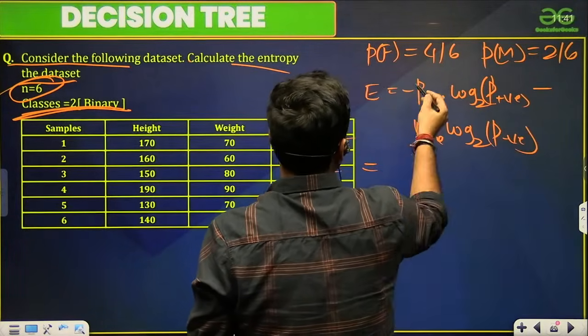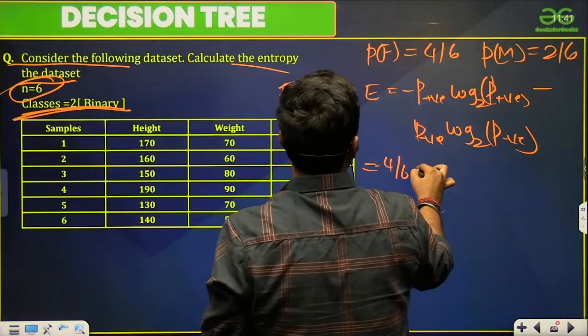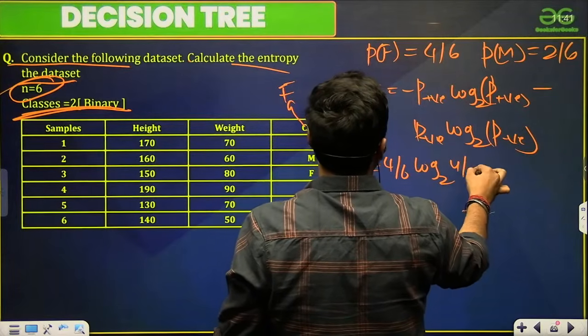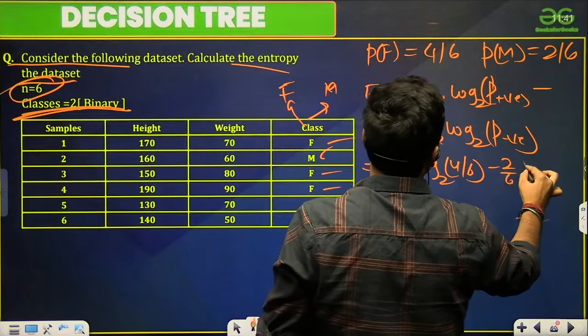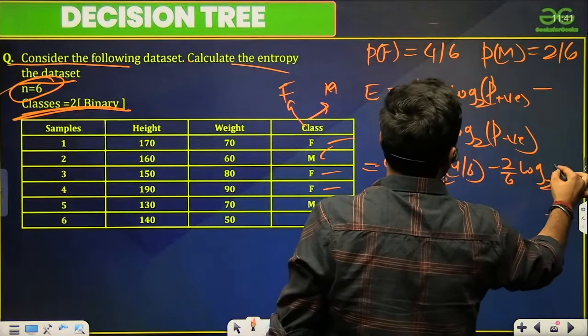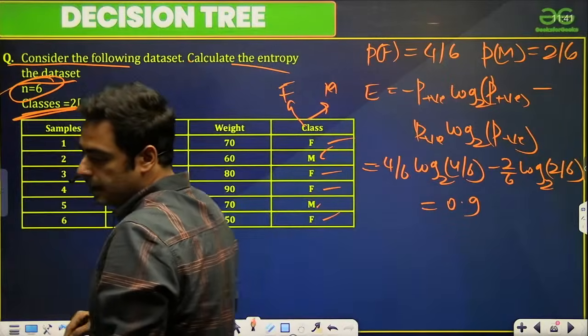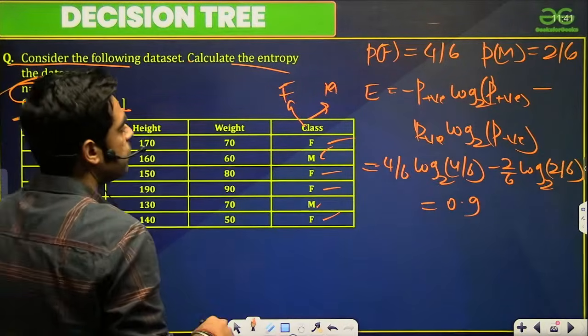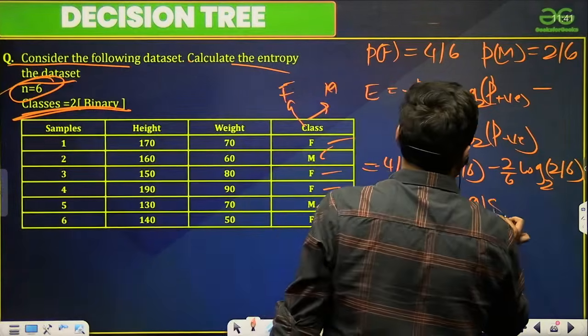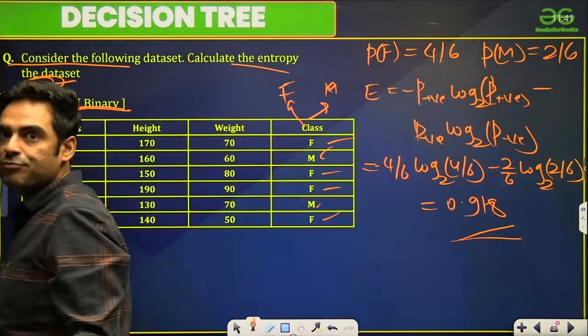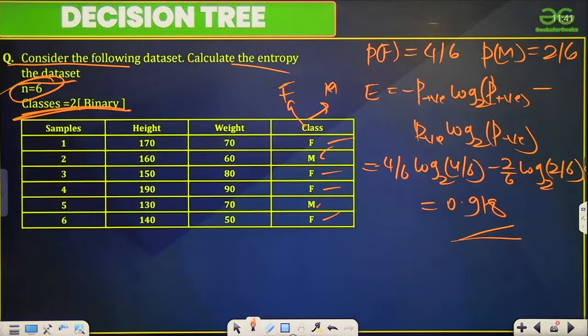So you just have to use this: negative of 4 by 6 log 4 by 6, negative of 2 by 6 log 2 by 6. I'll tell you the correct answer, 0.918. This is the correct one.